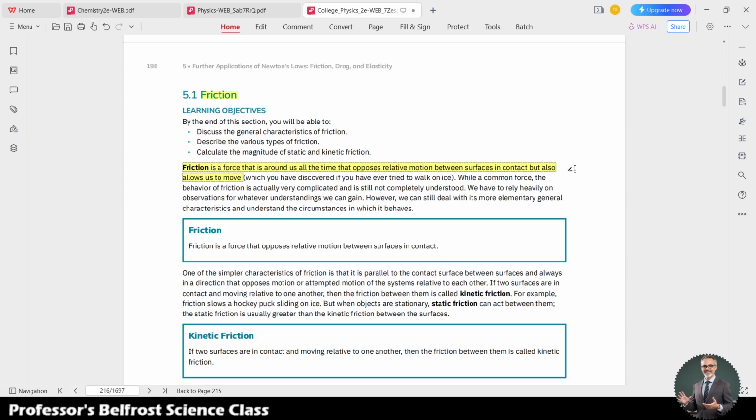While a common force, the behavior of friction is actually very complicated and still not completely understood. If two surfaces are in contact and moving relative to one another, then the friction is called kinetic friction. But when an object is stationary, there is static friction that can act between them. So there are two types of friction.